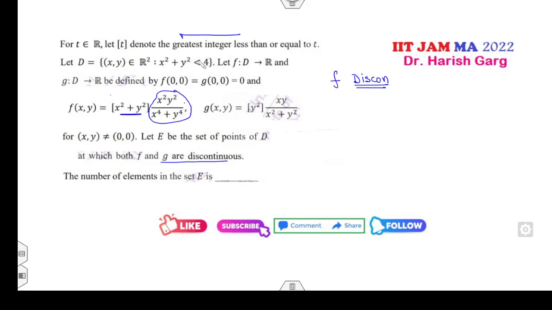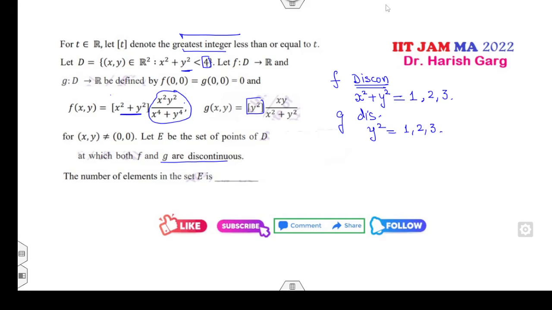The discontinuity occurs due to the greatest integer. The discontinuity occurs when the value of x square is either 1, 2 or 3. g is discontinuous whenever y square is 1, 2, 3.